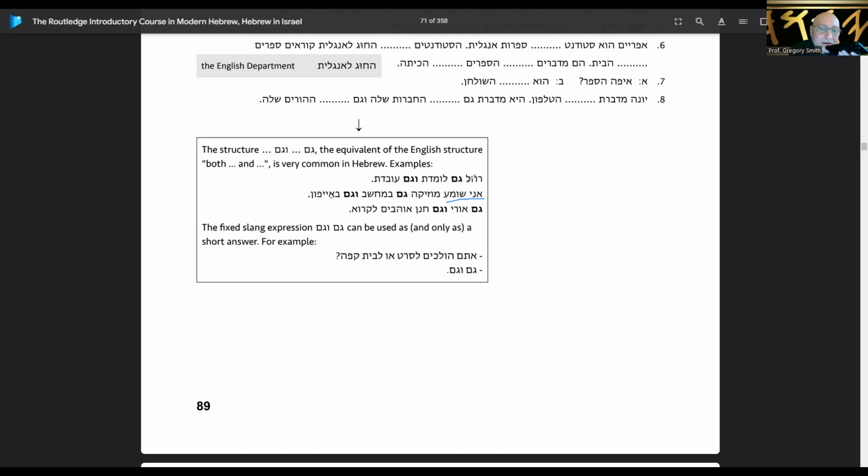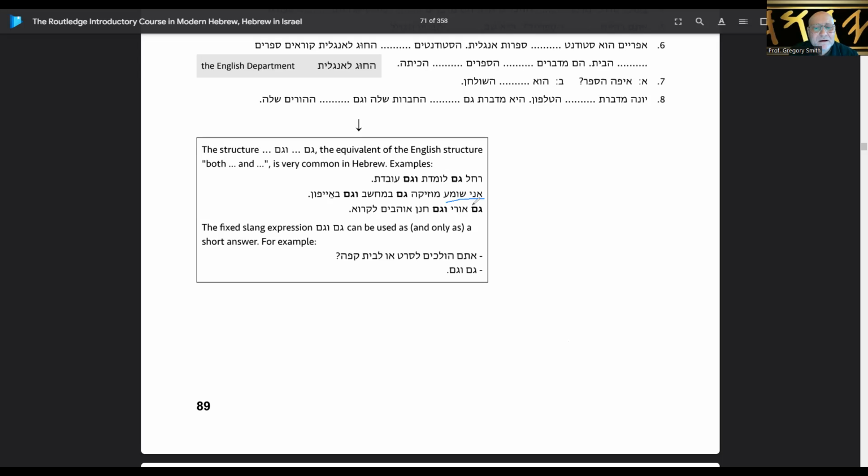Muzika gam b'machshav. Yeah, I also listen to music. I listen to music also on the computer. I also listen to music on the computer. V'gam b'iPhone. אני שומע מוזיקה גם במחשב וגם באייפון.